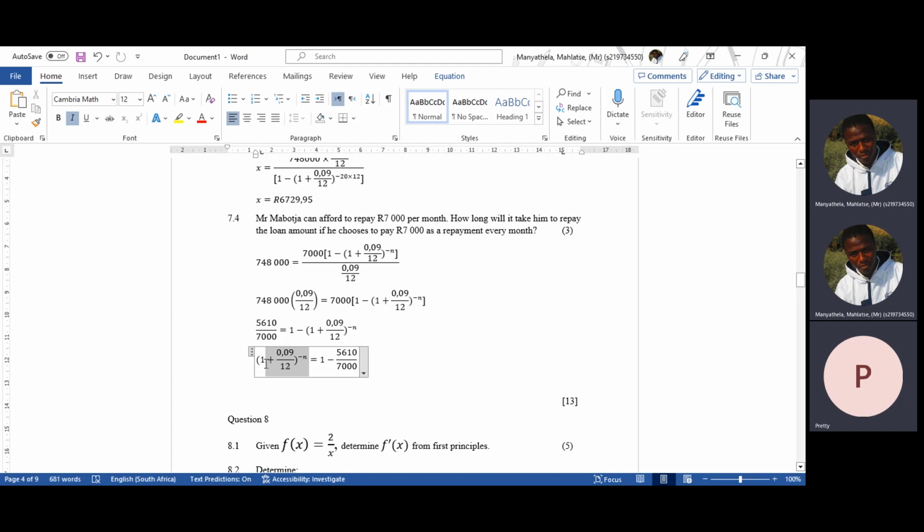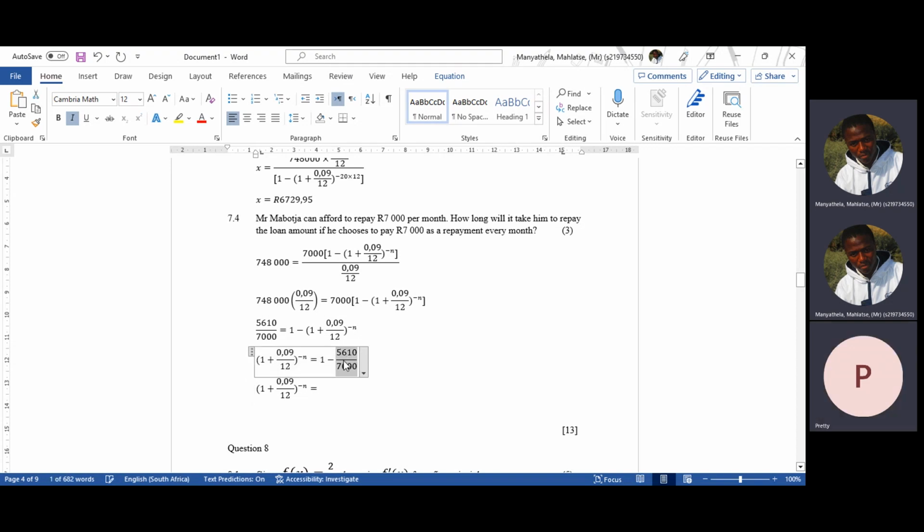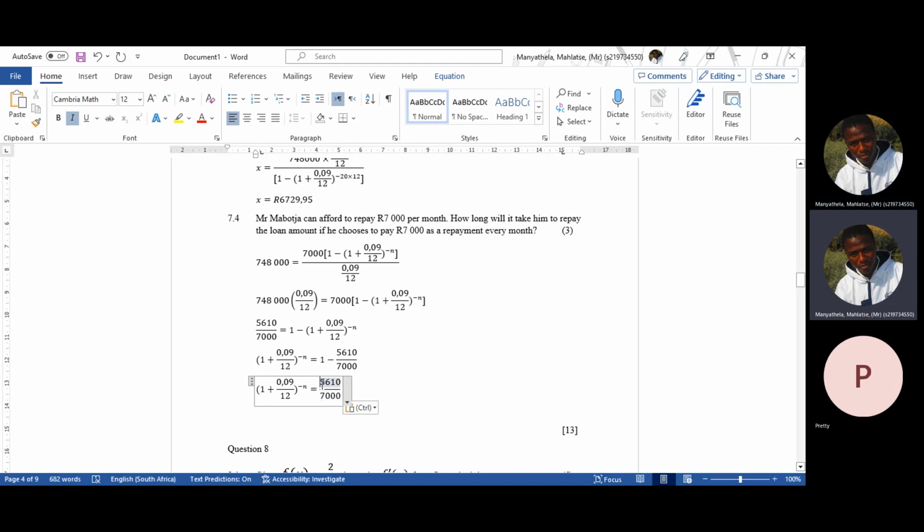Okay, let's go to the next step. In the meantime, you can work out what's 1 plus 0.09 over 12. I said if you have a situation like this, which is 1 minus or 1 plus, what you do is to just take 7,000, write it as a denominator, and then on top, what you're going to do is 7,000 subtract the numerator.